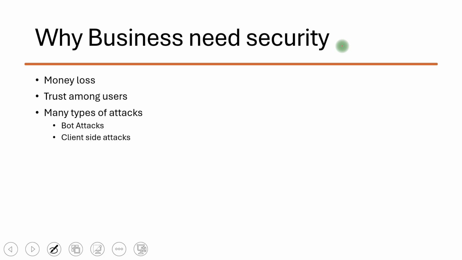Bot attacks and client-side attacks, which we are going to talk about more in upcoming videos: what the different bot attacks and client-side attacks are. They are the reason for major losses to the company in terms of user loss, money loss, and loss of trust. So it is very important to keep users' information safe and secure.